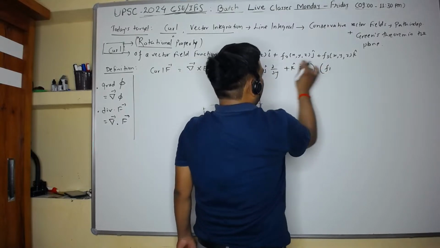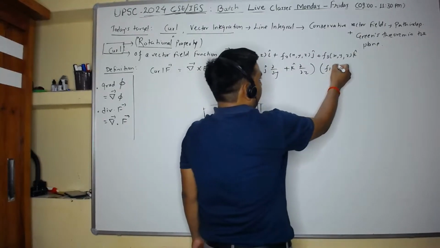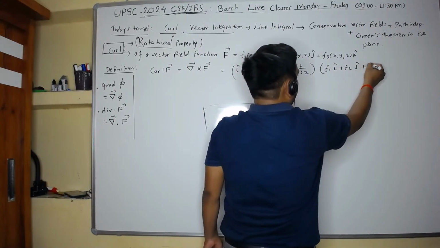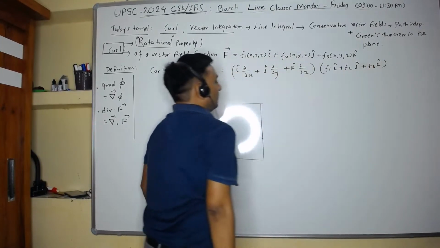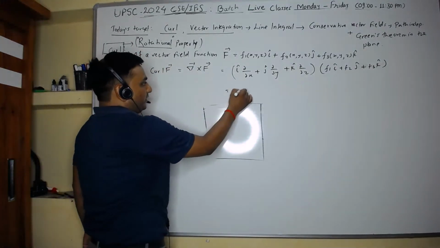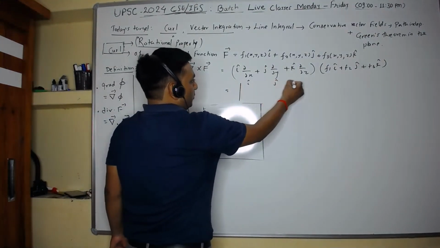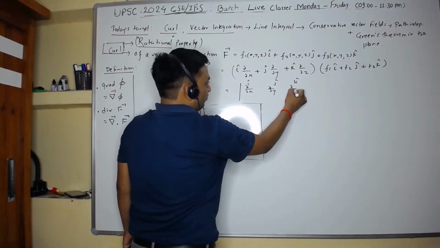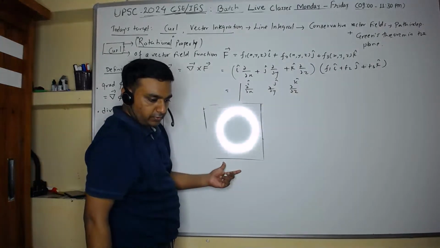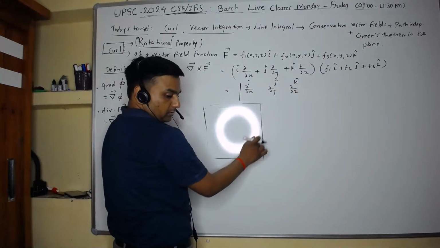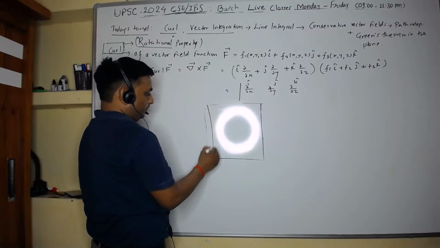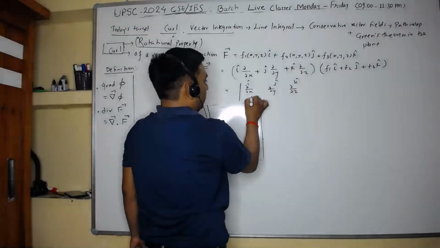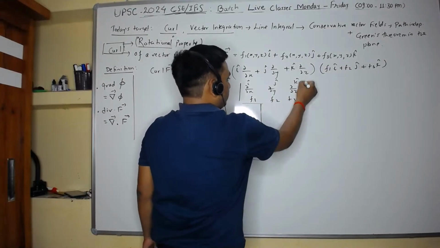So basically, by the definition, just for short, I am not writing this, I am writing just f1 i cap plus f2 j cap plus f3 k cap. So by the definition, I can write this cross product, okay? Del over del x, del over del y. Is it visible? I'm not sure. Okay? Fair. And this is f1, this is f2, this is f3.